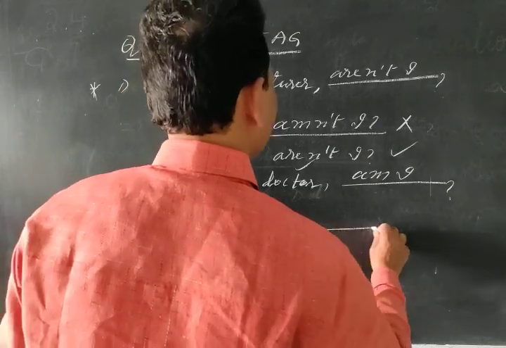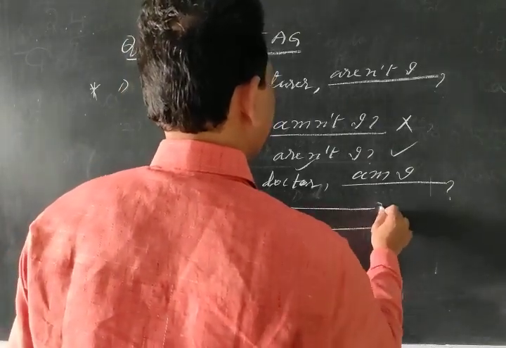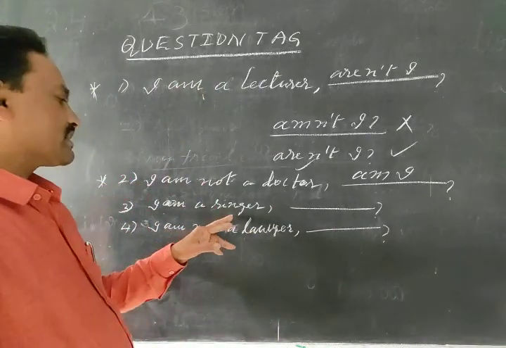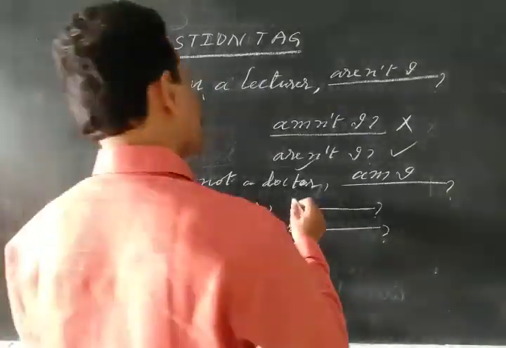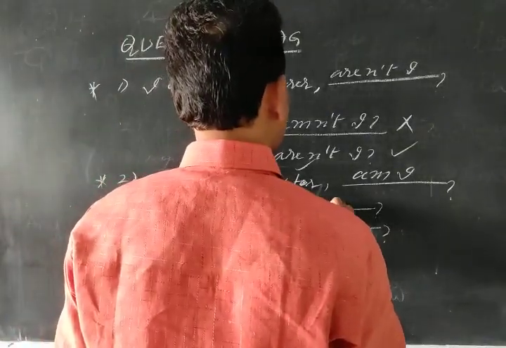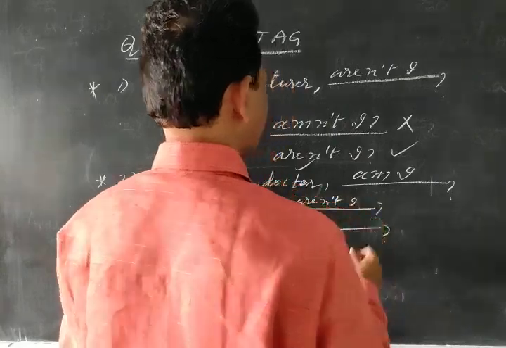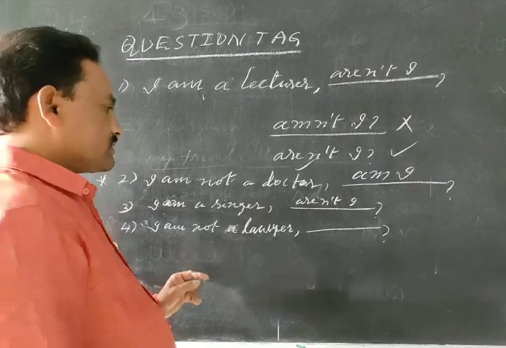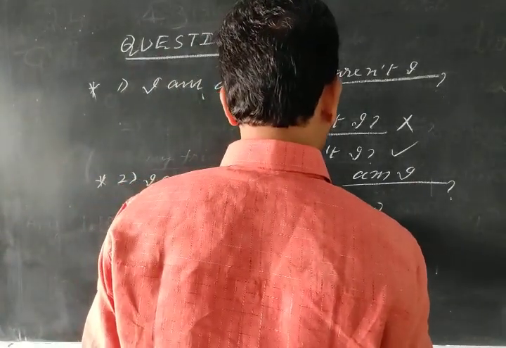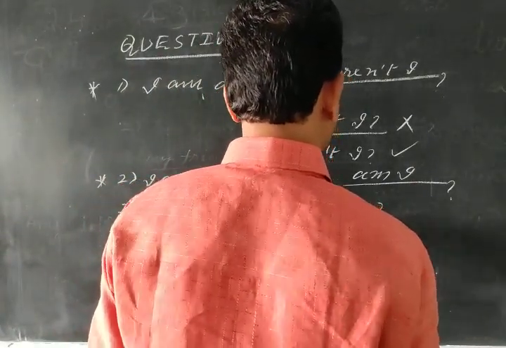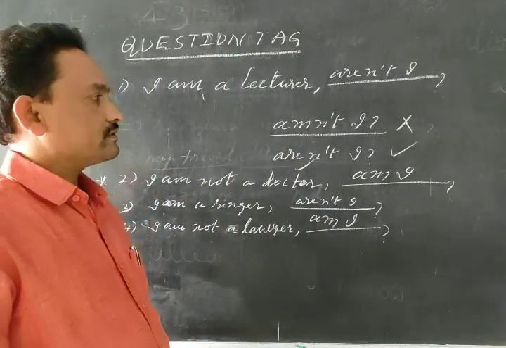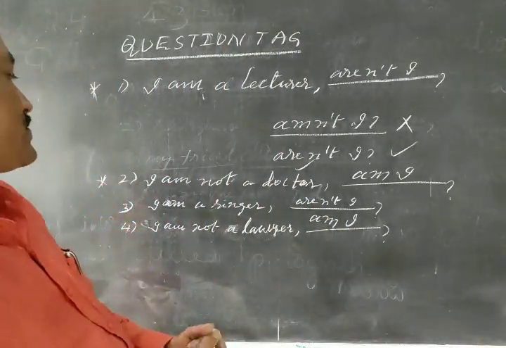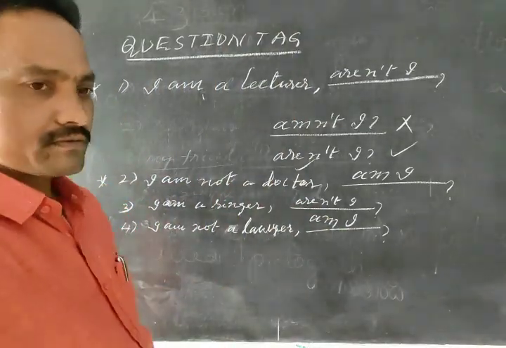Can you imagine what the answers are here? I am a singer. This is positive with "am", so the question tag is "aren't I". I am not a liar, "am" is used in a negative sense, that is "not", so the question tag is "am I". Okay. This is one rule. Important rule this is. Next one.